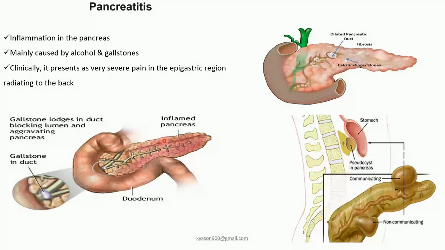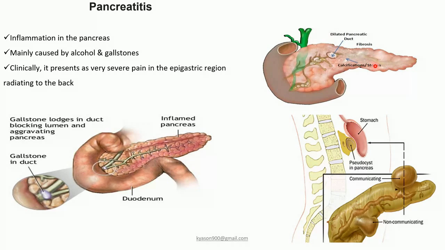Okay, these patients will have severe pain in the epigastric region, and this pain will be radiating to the back, as we explained earlier. Why? Because our organ is retroperitoneal. Of course, in patients with chronic pancreatitis, it's possible to have calcifications in the pancreas.